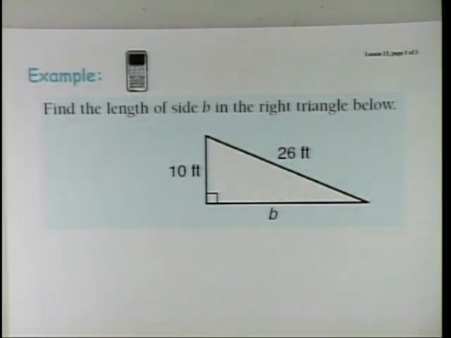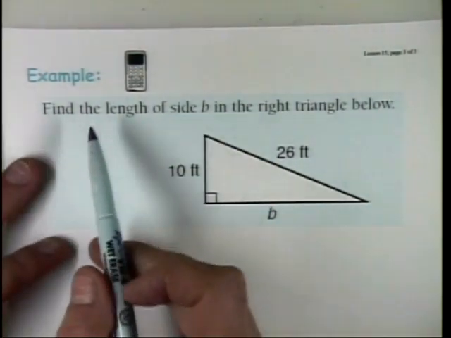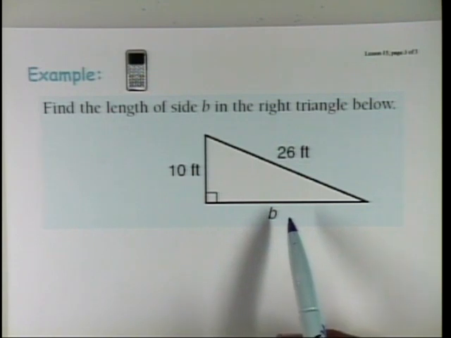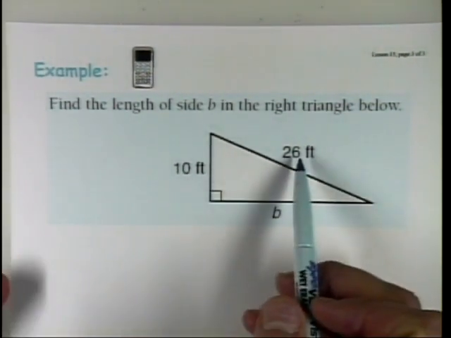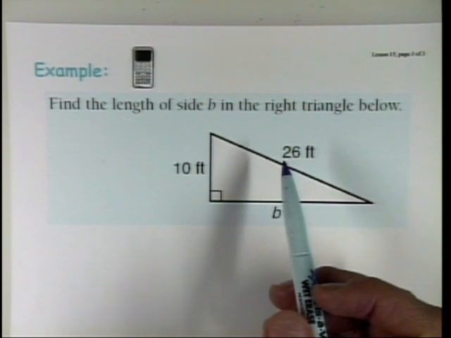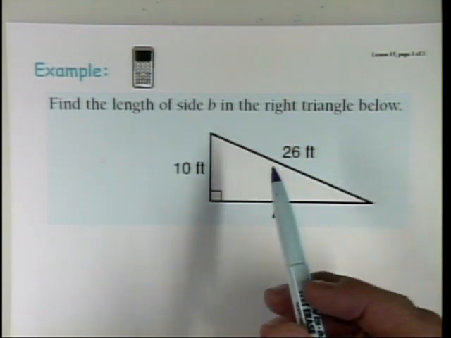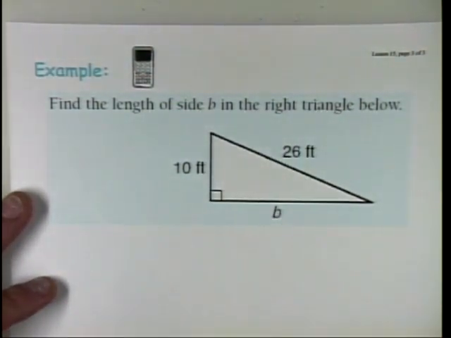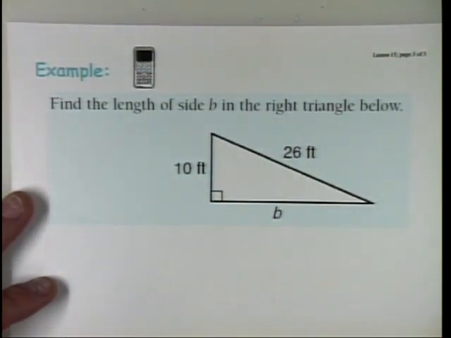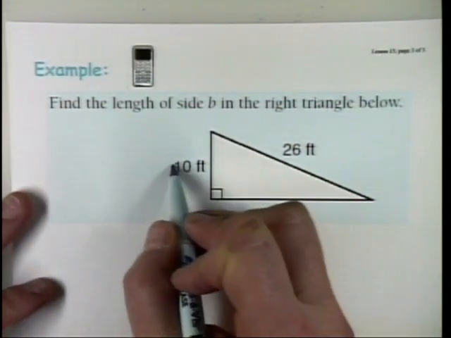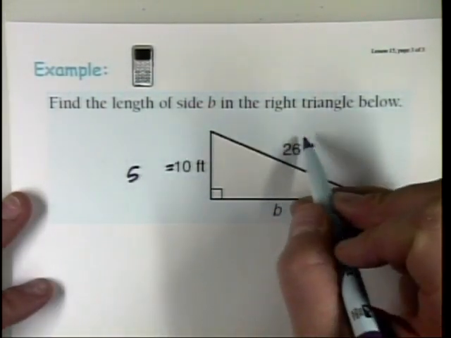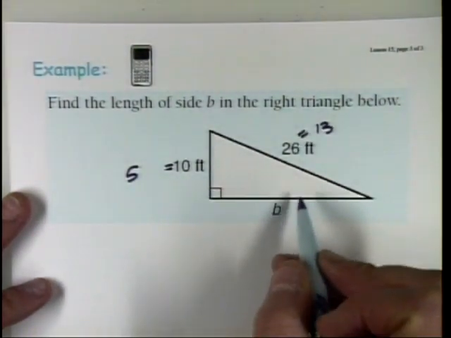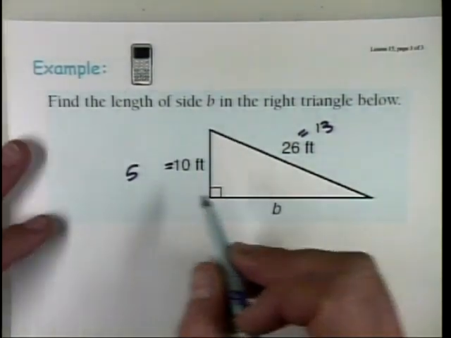Now, we can answer this question without the calculator. It says find the length of side B right here in the right triangle shown below. Well, notice this side is 10 and this side is 26. If you recognize that as part of a Pythagorean triple, you can answer the question. Well, you probably didn't remember the 10, 24, 26 that I just generated, but you might have remembered the 5, 12, 13. So if you can write this side 10 as 5 times something, and this 26, the longest side, as 13 times something, then this Pythagorean triple would be a dilation in this case.